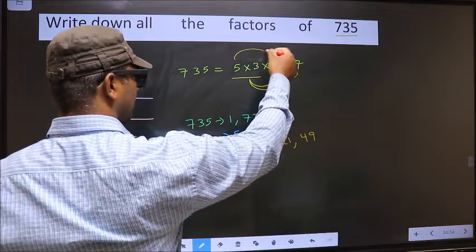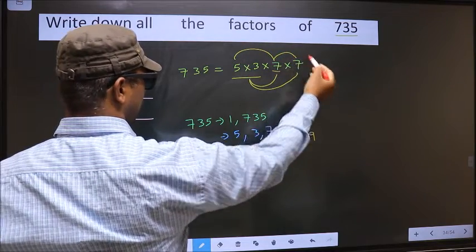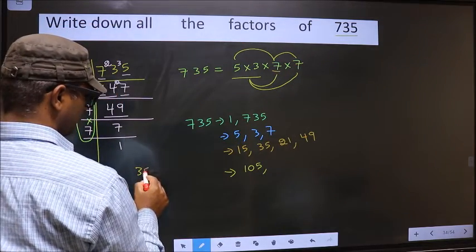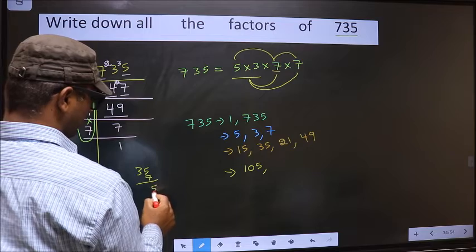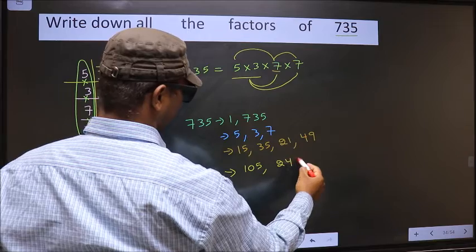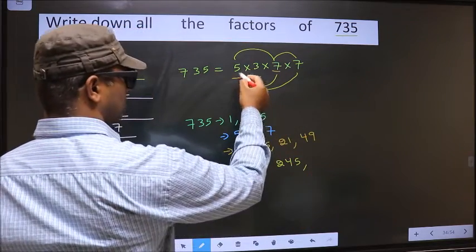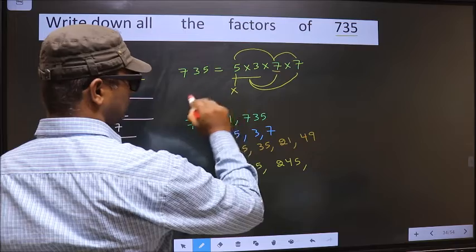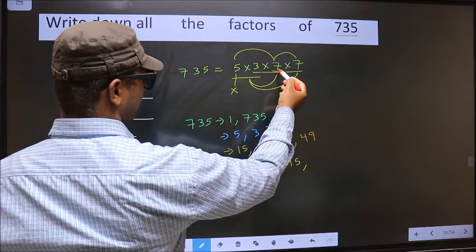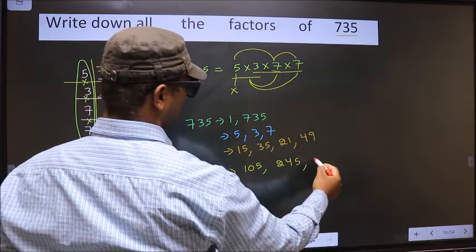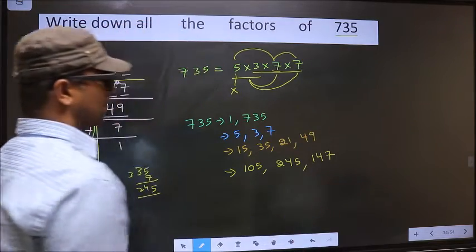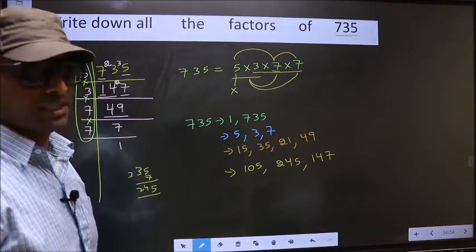Now this 5, you combine with 7 and 7. 5 into 7, 35. 35 into 7, 7 fives are 35, 7 threes are 21, we get 245. So now these combinations have been done. Now you take these 3 numbers, that is 3 into 7, 21, 21 into 7, 147. No other combinations possible.